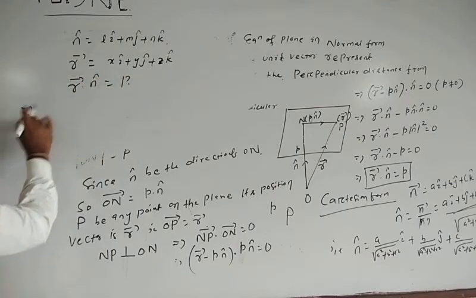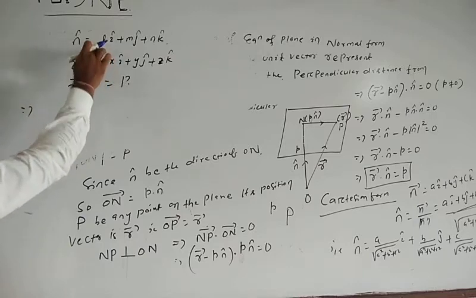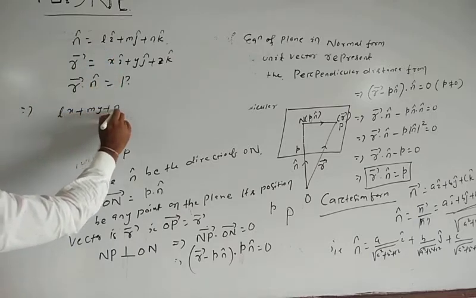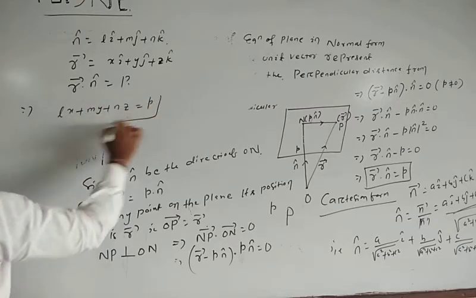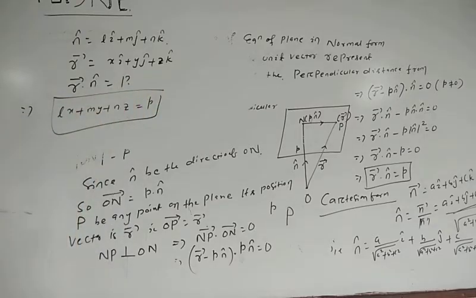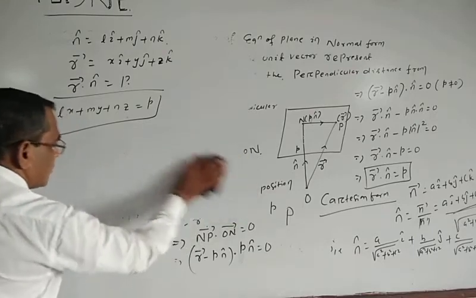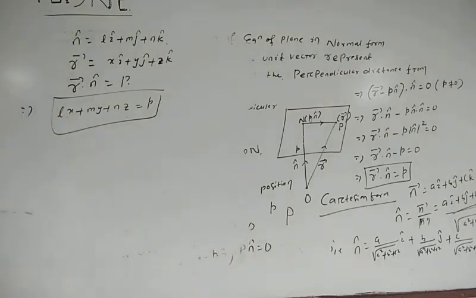That implies, r vector dot n cap, this dot product is what? lx plus my plus nz is equal to small p, which is the Cartesian form of the equation of the plane in the normal form.